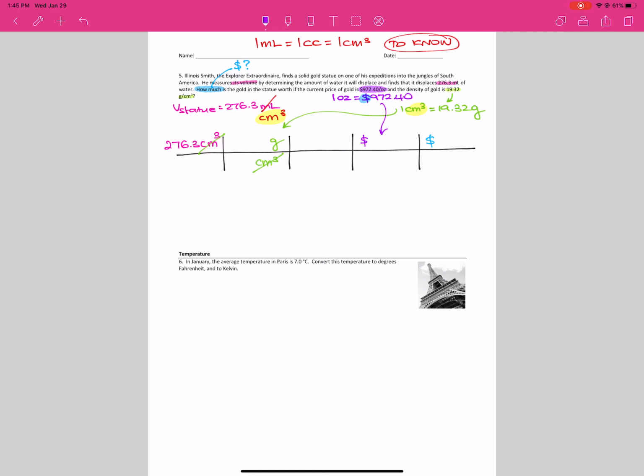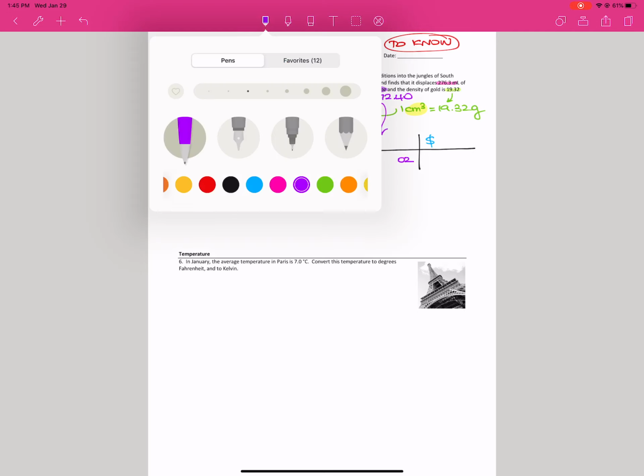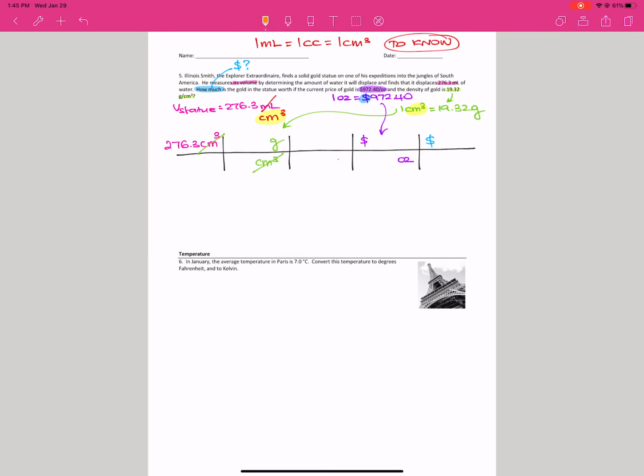So I know that I have a relationship between dollars and ounces. So I'm left here in the middle with, do I know how to cancel grams and convert into ounces? Because if I do this now, my grams would cancel, my ounces would cancel, and I end up with what I wanted, dollars. Okay? So here is what I think is a good plan.